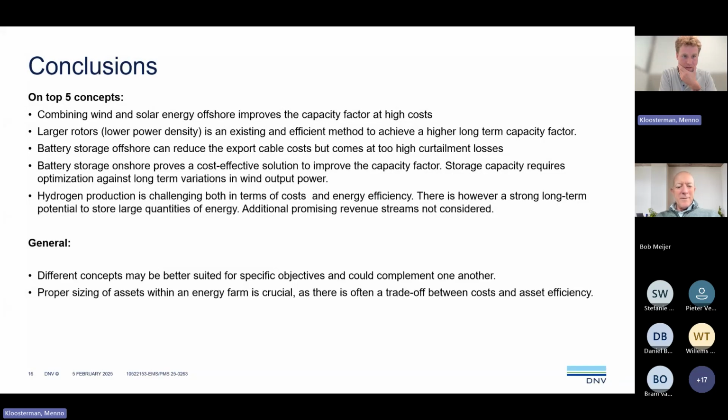And I think the challenge is also to do a proper sizing of all of these assets in an energy farm and do an optimization, which is of course something we hadn't been able to do in the short time span of this study.